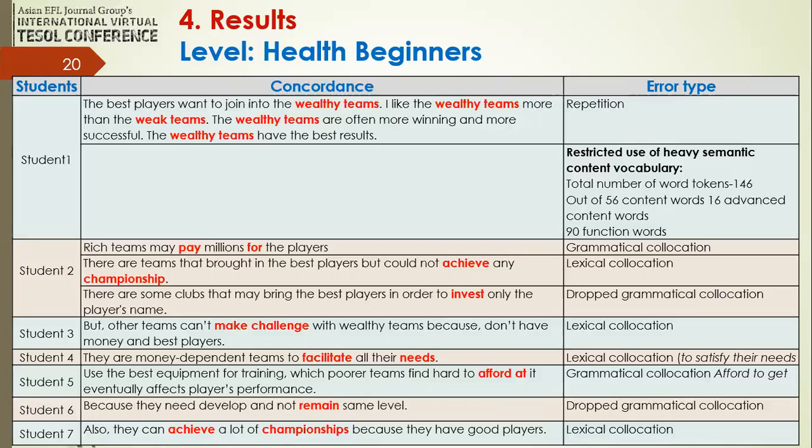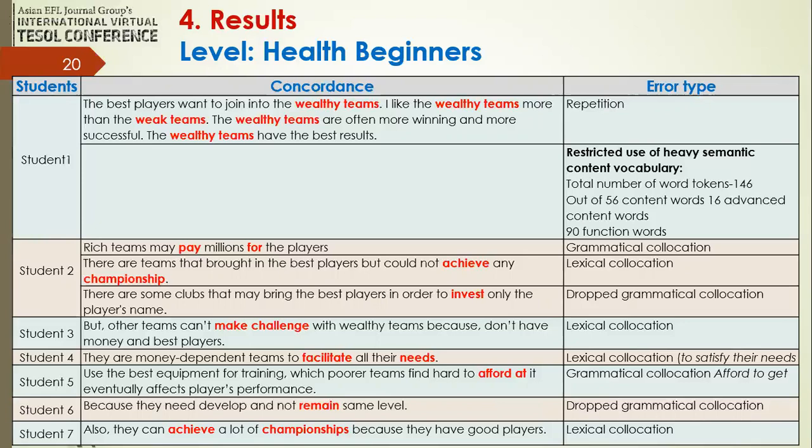As you can see, first, with the health beginners, we see errors like repetition, grammatical collocation, dropped grammatical collocation, which is very typical, especially with beginners, we observed when we were analyzing all the essays.